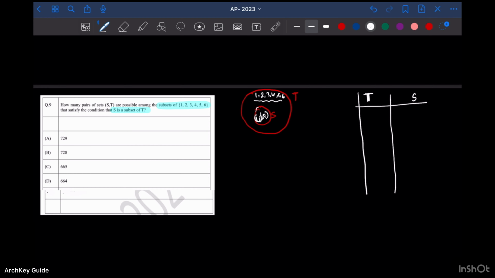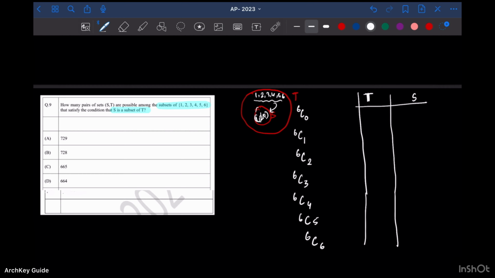If I select 0 out of 6 numbers to be present in S, it would be 6C0. If I select 1, it's going to be 6C1. If 2 numbers are selected, 6C2, 6C3, 6C4, 6C5, 6C6.